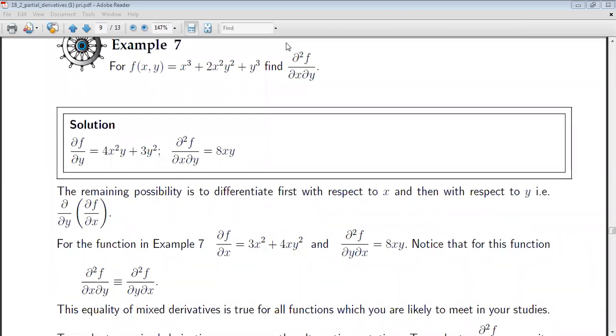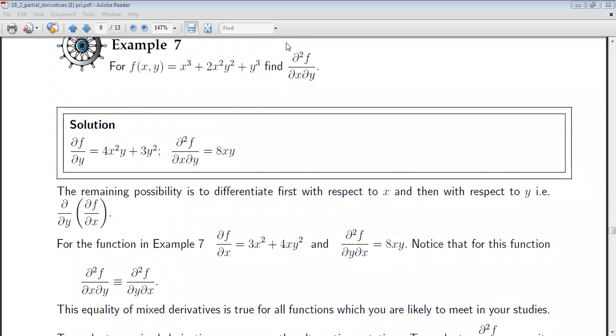Okay, so take one more example. Write down the function f of x y is equal to x cube plus 3x square y plus 3xy square plus y cube.